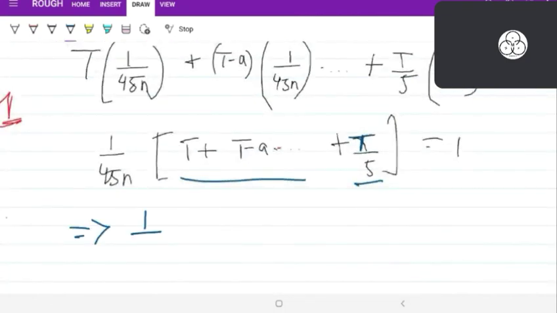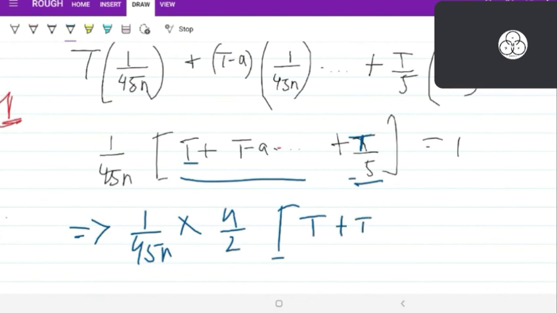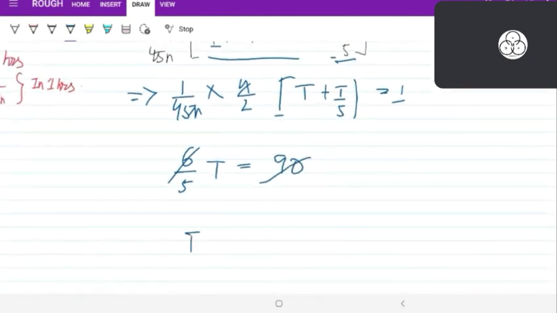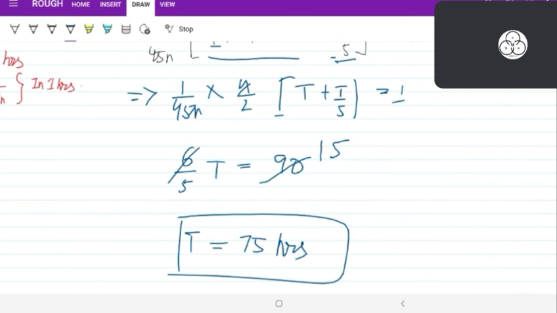Apply the formula, a plus l, and the task completed is 1. n and n cancel out. T equals 75 hours. This was the total time.